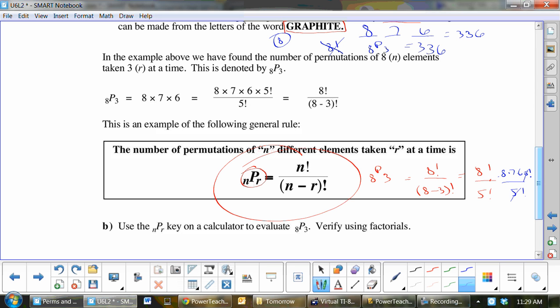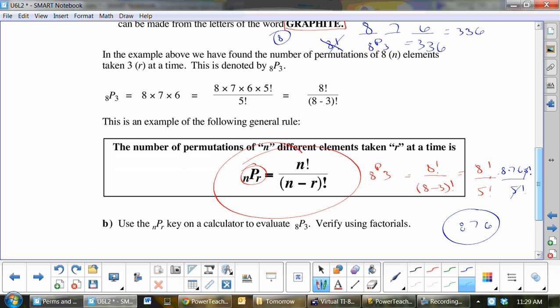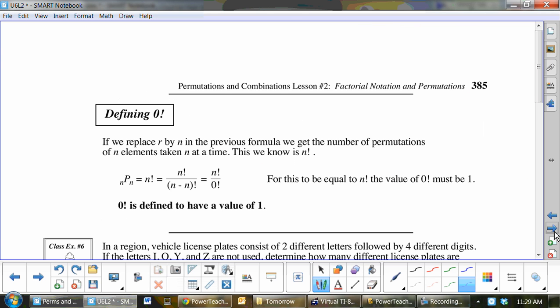These cancel, and guess what I'm left with? 8 times 7 times 6, which is what I had here. And you still get 336. So that's how that formula works. Over here, remember 0 factorial has a value of 1. If you ever forget that, type 0 factorial equals in your calculator and get the answer.